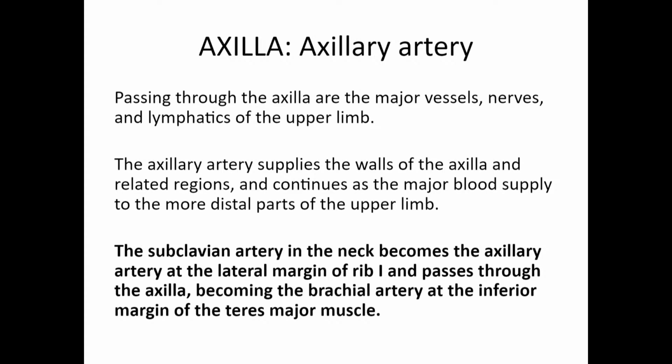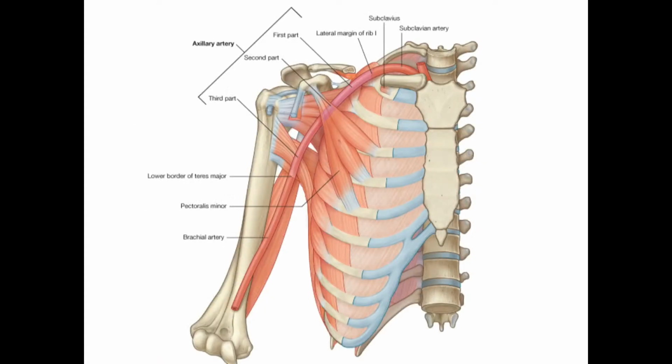So to see the next slide here, we can see what I discussed. As you see, we have the subclavian artery. At the lateral margin of rib number 1, we already have the axillary artery. And the axillary artery, as you know from the previous class, consists of the first part, second part, and third part.